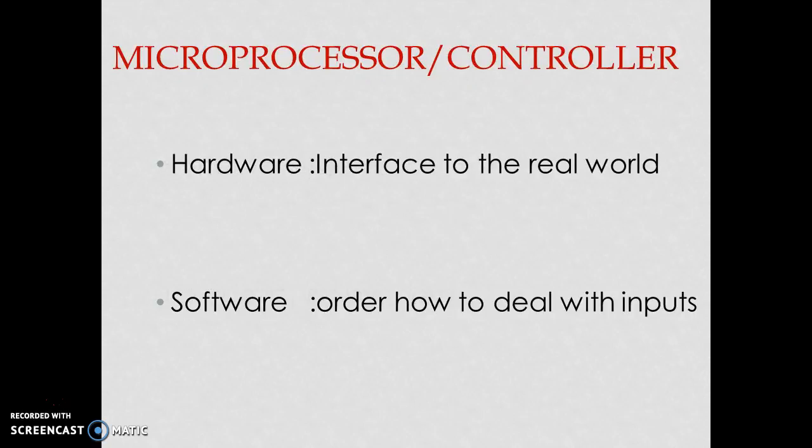A microprocessor or microcontroller system divides into two parts: hardware, which is controlled through software. The hardware is the actual interface with the real world, and the software supports handling this hardware. Together, hardware and software become the embedded system.